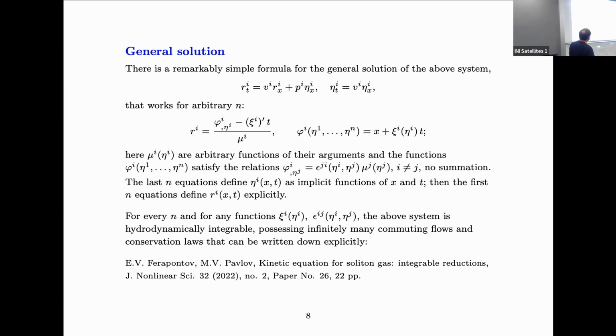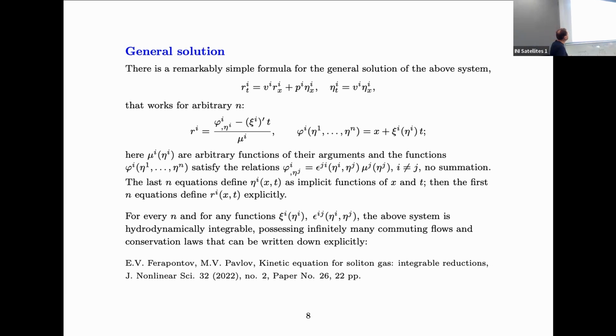Each epsilon ij are interaction kernels, the soliton interaction kernels evaluated at eta j, and mu j are these arbitrary functions, and phi i differentiated by eta j is this, right? So this system is integrable in quadratures. You need a quadrature to solve for phi's. Consistency conditions are satisfied.